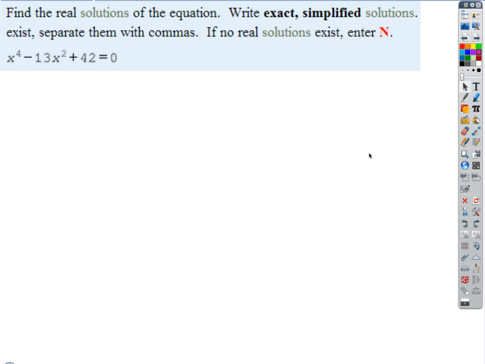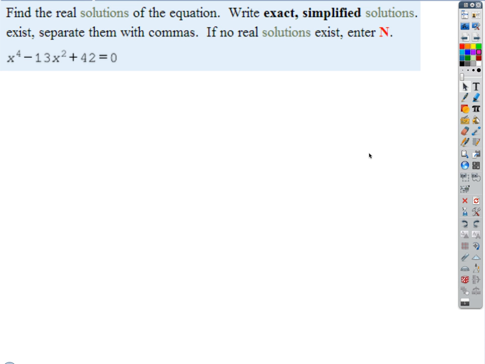All right, this one is a lot easier than the corresponding problem was when we had to factor, because we don't have to do any factoring here at all. Why? What can we do so we don't have to do any factoring?